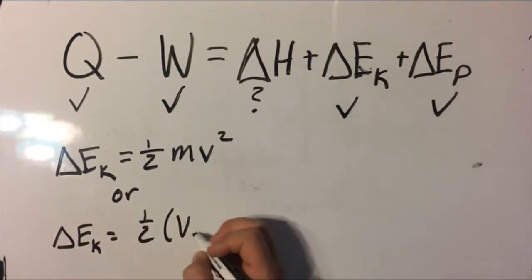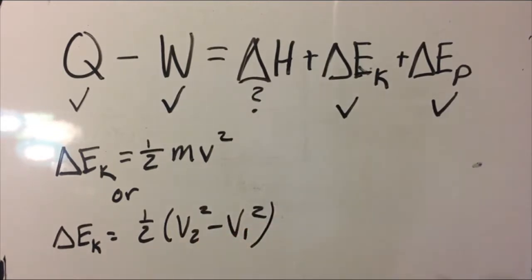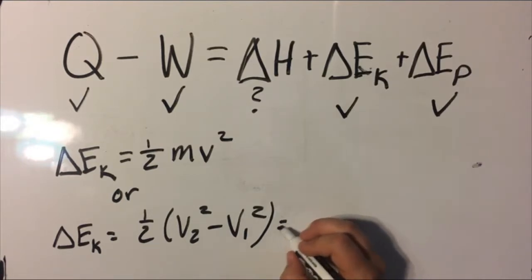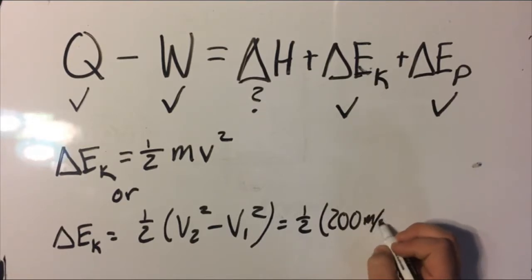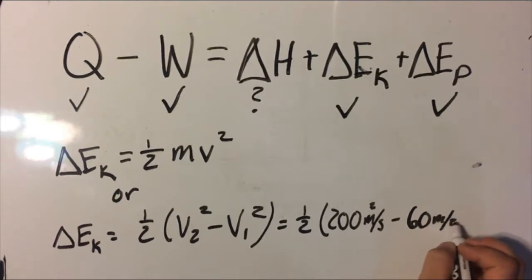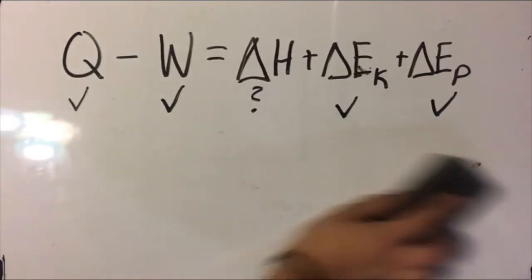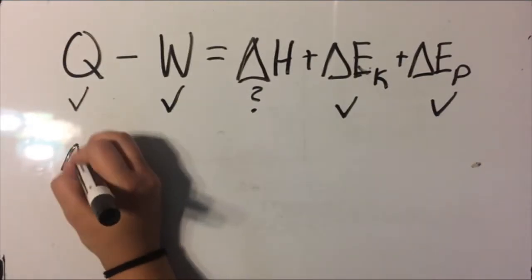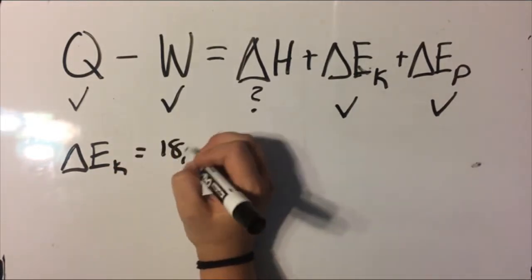So that'll be 1/2 our V2 squared minus our V1 squared, which in this case will be 1/2 our 200 meters per second squared minus our 60 meters per second squared. And this, once you do the math, equals out to be 18,200.